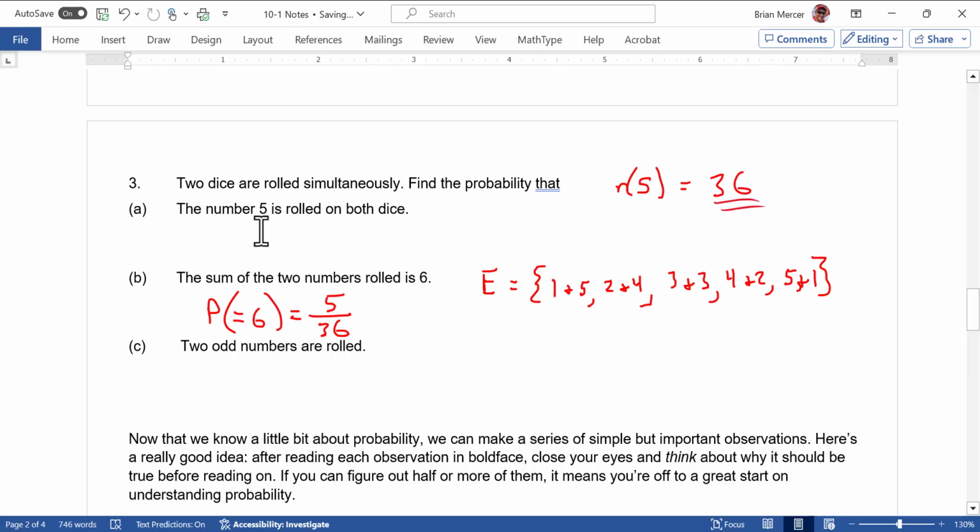The probability of getting 2 5s. If you look at that, it turns out there's only one way out of 36 to get 2 5s.